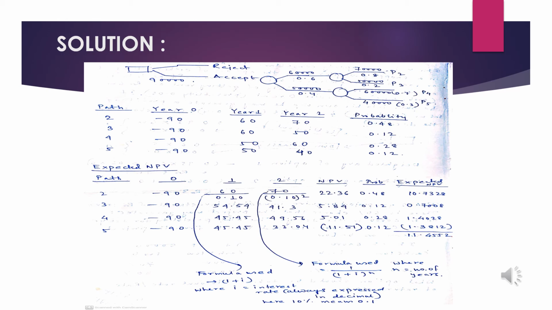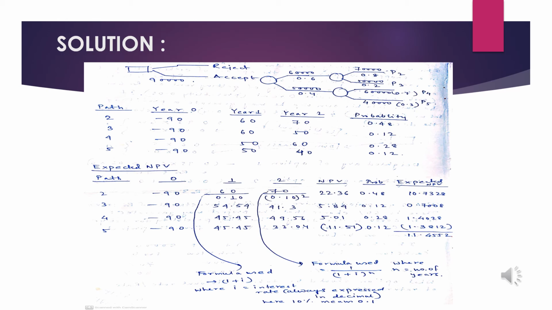Very similarly, for the first year, again we need to divide the entire value of 60, 60, 50 and 50 by 1.1, and for year 2 we have to similarly divide 70, 50, 60 and 40, each by 1.1 whole to the power 2.